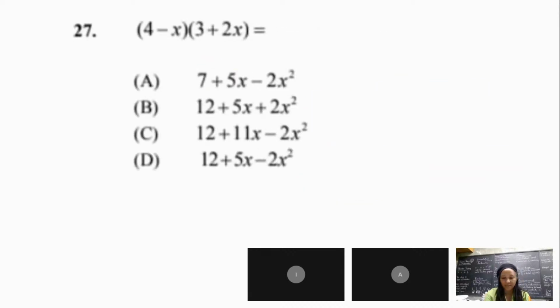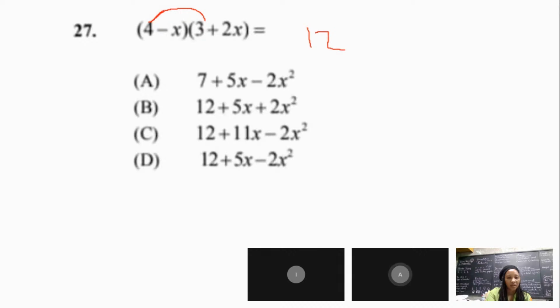Asar, number 27. We can expand the brackets. All right, so we're expanding the brackets. So 4 times 3 is 12.